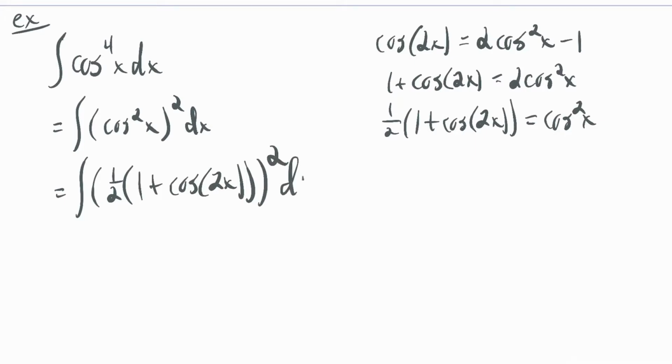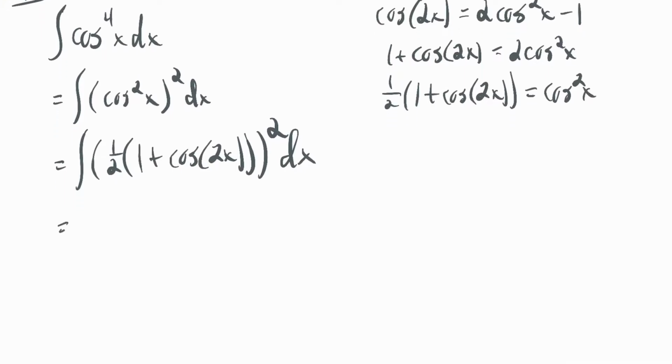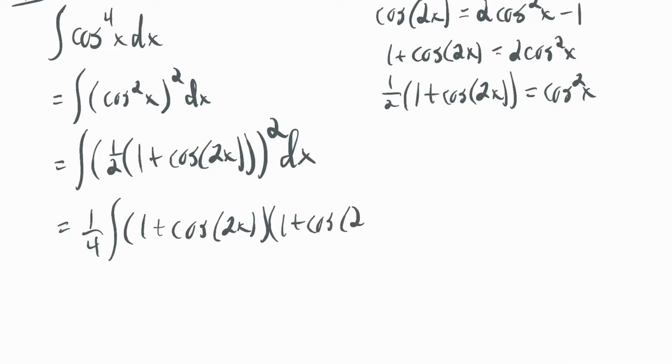squared dx. Now, I haven't written the two factors out explicitly yet, so I'll square the 1/2 and put it in front. So 1/4 times the integral of 1 plus cosine 2x times 1 plus cosine 2x dx.